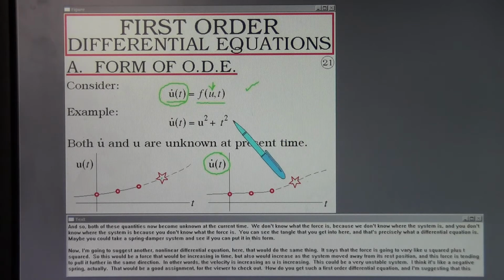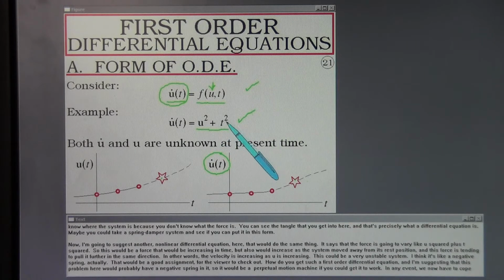Now I'm going to suggest another nonlinear differential equation here that would do the same thing. It says that the force is going to vary like u squared plus t squared. So this would be a force that would be increasing in time, but also would increase as the system moved away from its rest position.